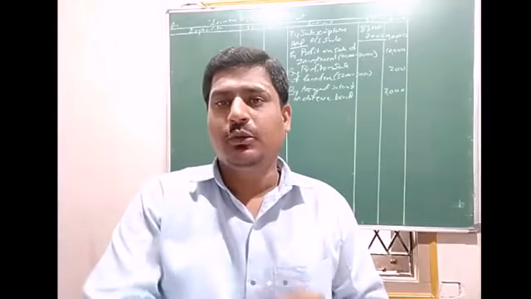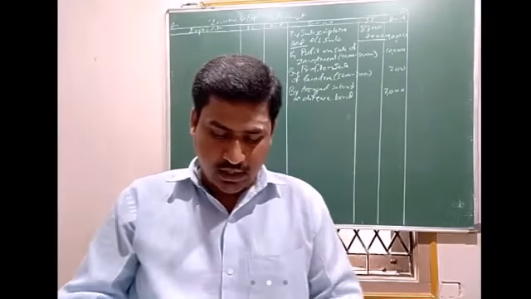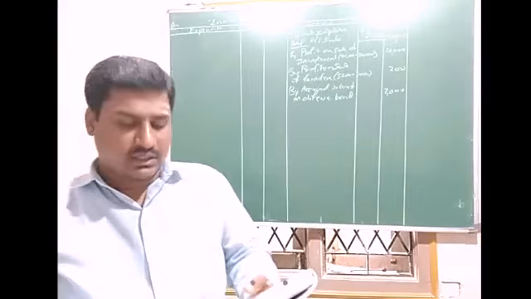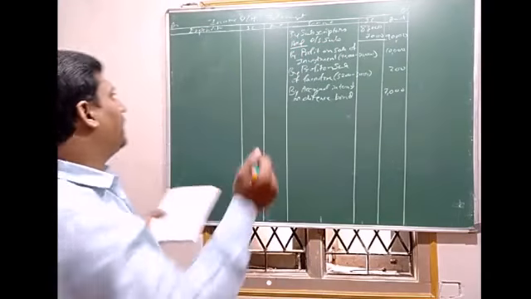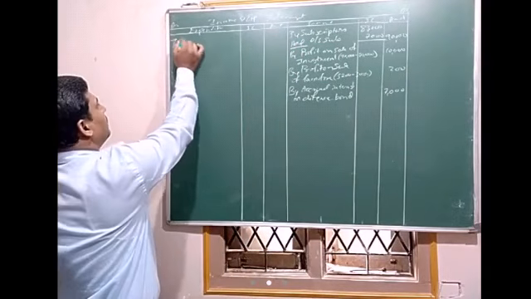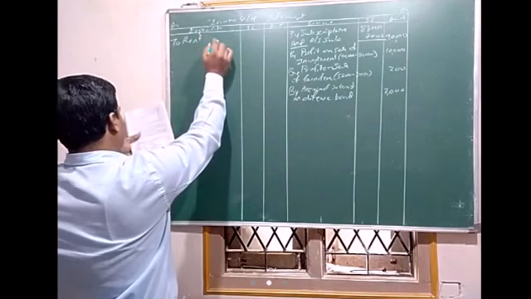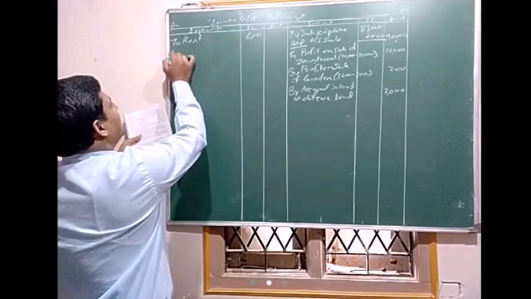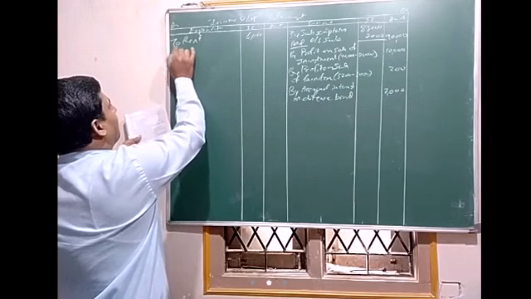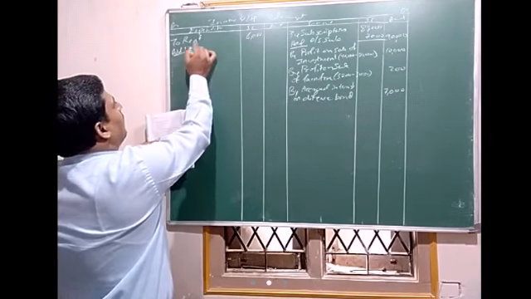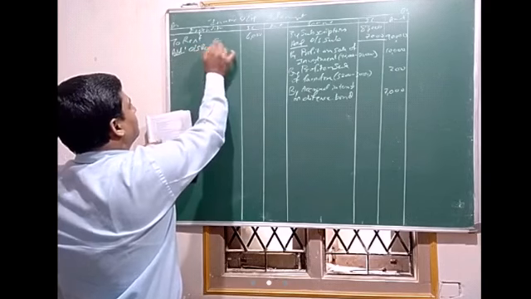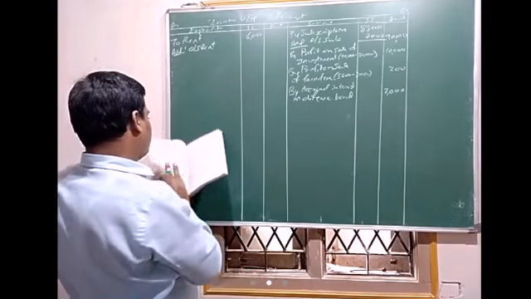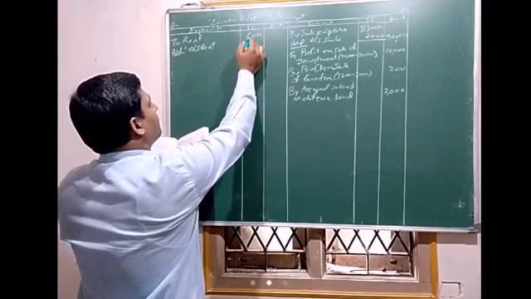Okay, now come to payment side. Okay, so first rent here, on rent only adjustment is there. To rent rupees 6,000 less, add outstanding rent. Outstanding rent, how much? 1,000.